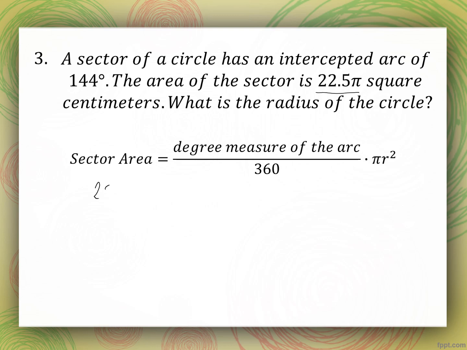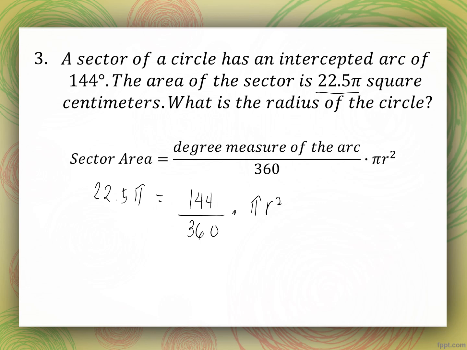So let's substitute that one. 22.5 pi is equal to, degree measure of the arc here is 144 all over 360 times pi, and then we are looking for radius, so we can just write r square.